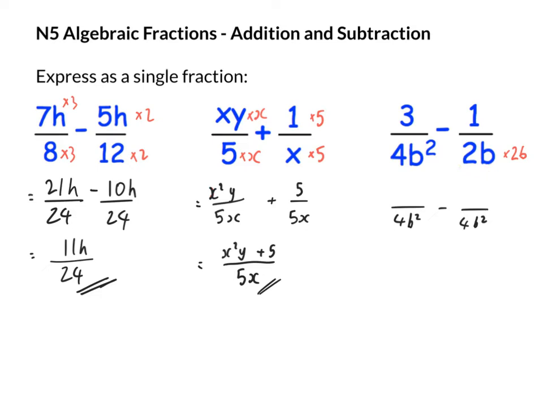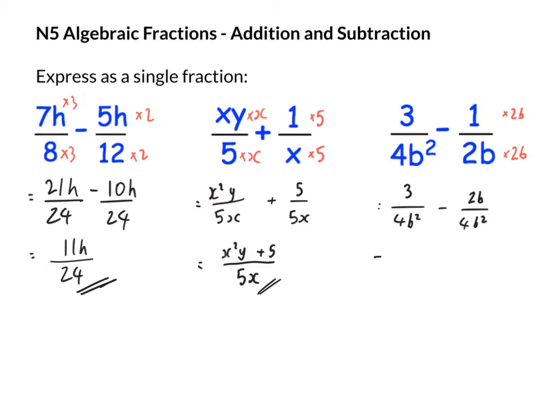By keeping the common denominator as small as possible, it's going to save me from having to do any simplifying later on. So it means I can keep my first fraction the same and multiply the top and bottom of the second one by 2b. So this means I'm going to have 3 minus 1 lot of 2b.